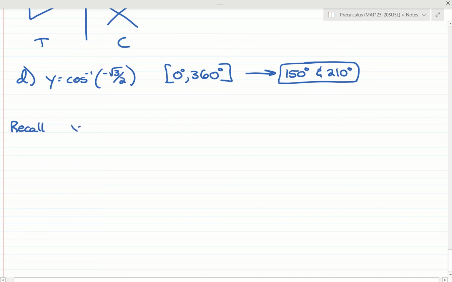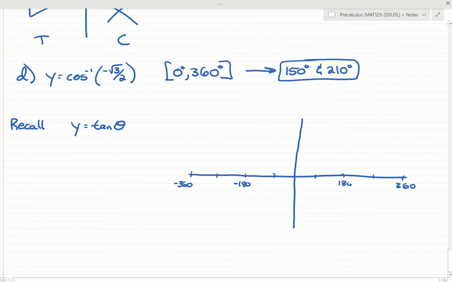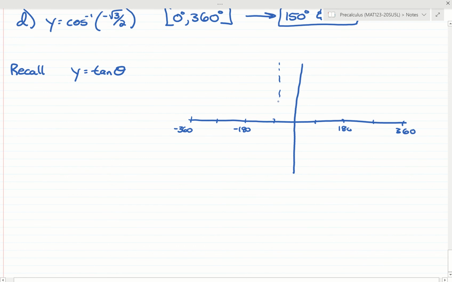So recall y is equal to the tangent of theta. Tangent was a little bit different than sine and cosine. It was a totally different shape. We did have asymptotes at negative 90 and every 180 degrees before and after.